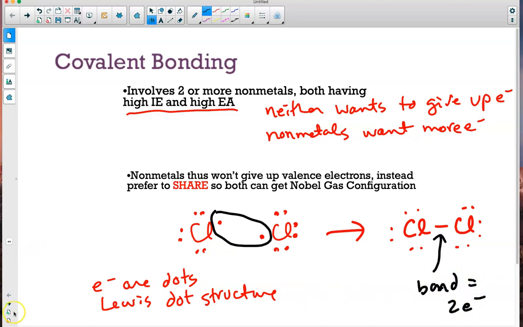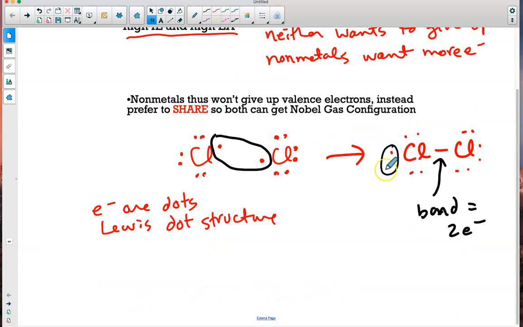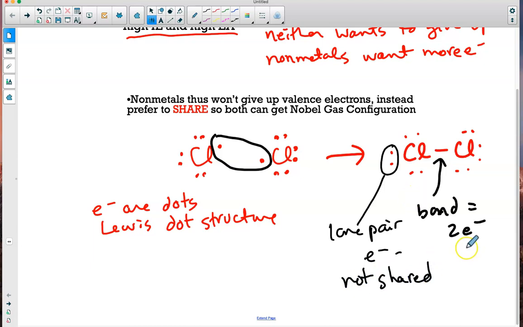I also call these electrons that are just on one atom lone pair electrons, lone because they're not shared. So the bond we're showing here is a single bond, which is 2 electrons.